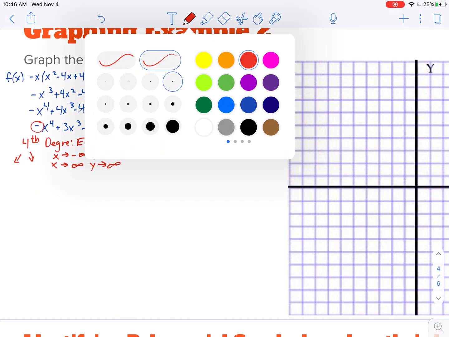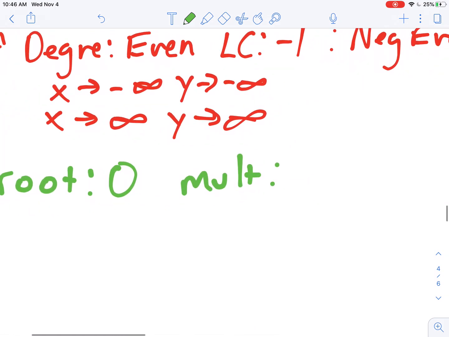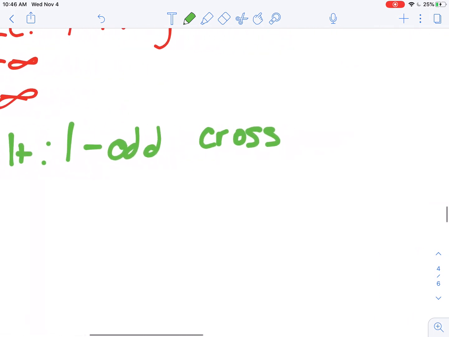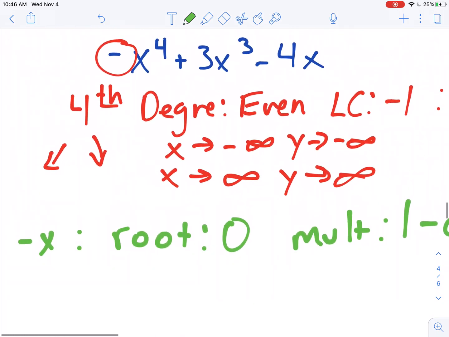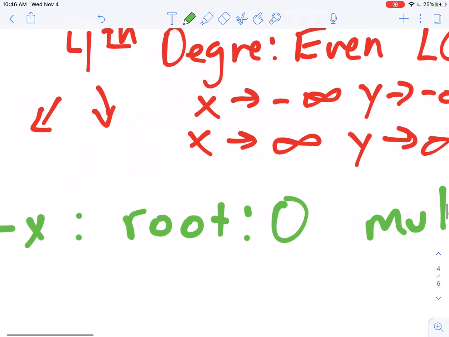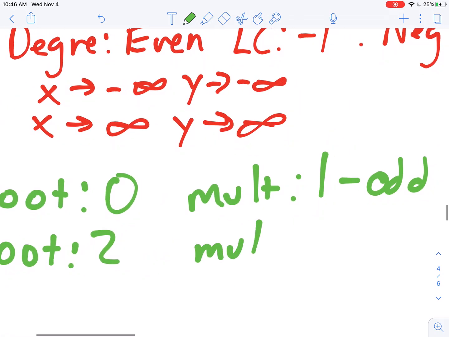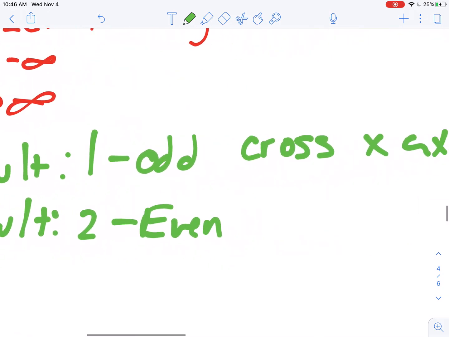All right, cool. Now I'm going to think about my zeros. I've got negative x, which means that I've got a root at 0 with a multiplicity of 1, which is odd, which means it will cross the x-axis. I've got a factor at x minus 2, which means I've got a root at 2 with a multiplicity of 2, which is even, which means it will touch the x-axis.